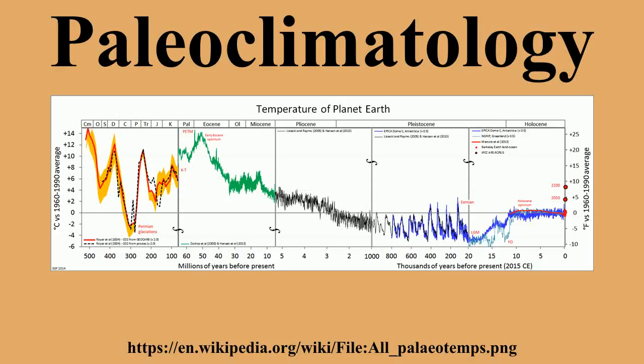Faint young Sun paradox, Huronian glaciation, late Neoproterozoic snowball Earth, Andean-Saharan glaciation, Carboniferous rainforest collapse, Permian-Triassic extinction event, oceanic anoxic events, Cretaceous-Paleogene extinction event, Paleocene-Eocene Thermal Maximum, Younger Dryas, the Big Freeze, Holocene climatic optimum, climate changes of 535 to 536, Medieval Warm Period, Little Ice Age, year without a summer.